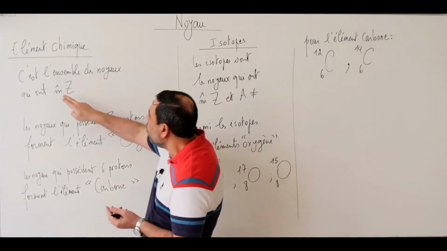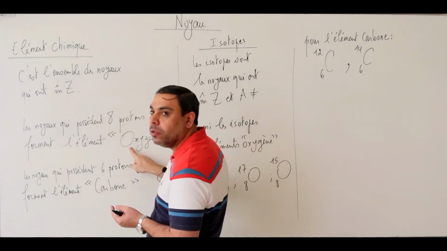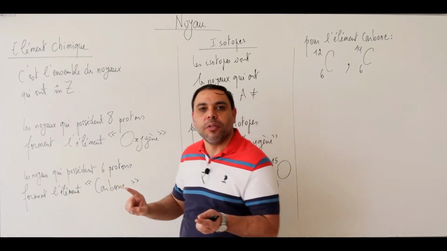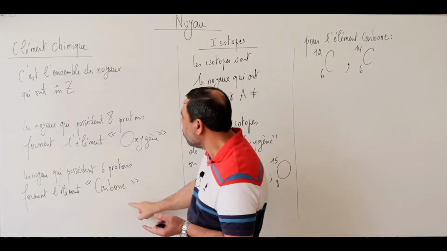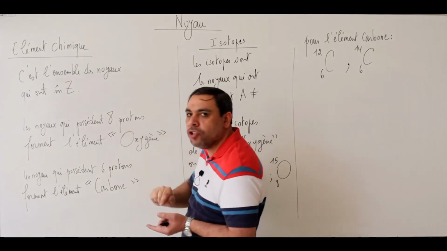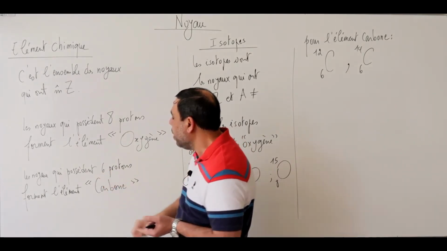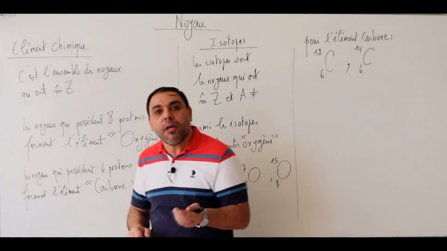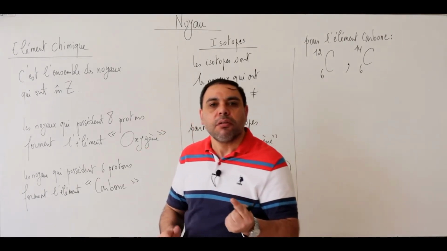To each number Z, we associate a name for the nucleus. The nucleus containing 8 protons is called oxygen. A nucleus with 6 protons is called carbon nucleus. The nucleus containing 1 proton is hydrogen.